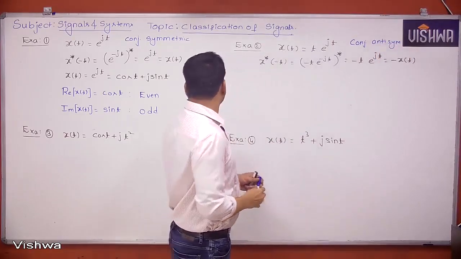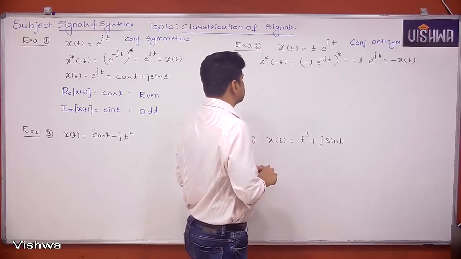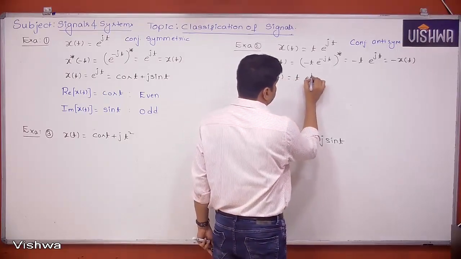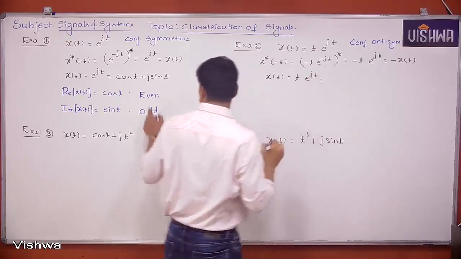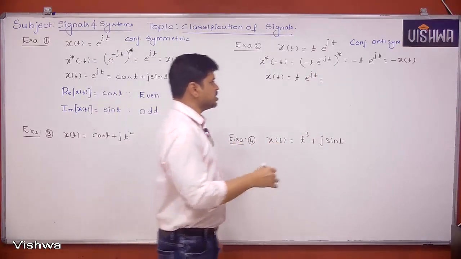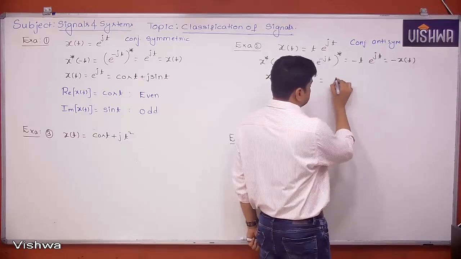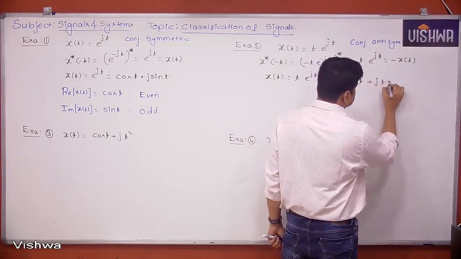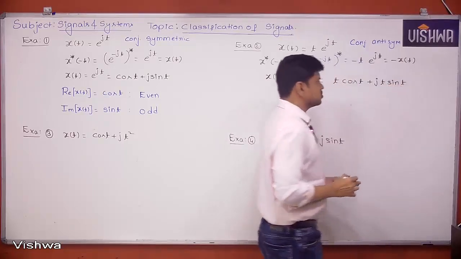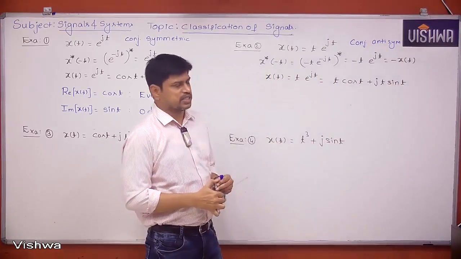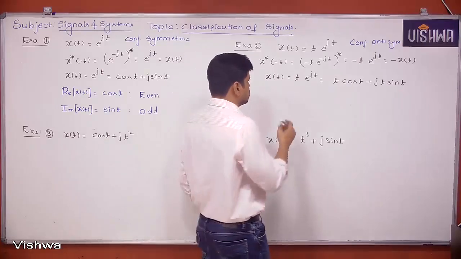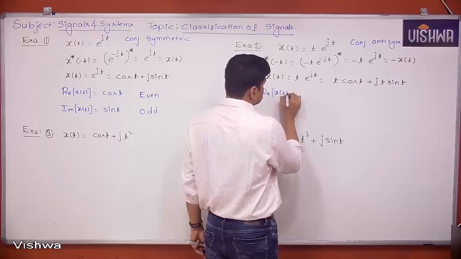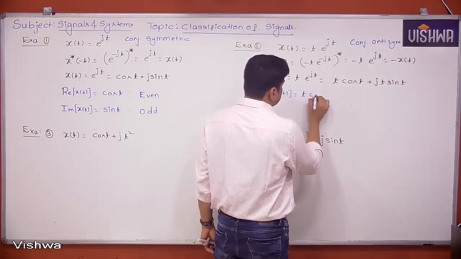Here we can write x of t, which is t e power jt. E power jt we already know, cos t plus j sin t. If it is multiplied with t, t cos t plus j t sin t. So here you tell me, what is the real part of x of t? Which is t cos t.